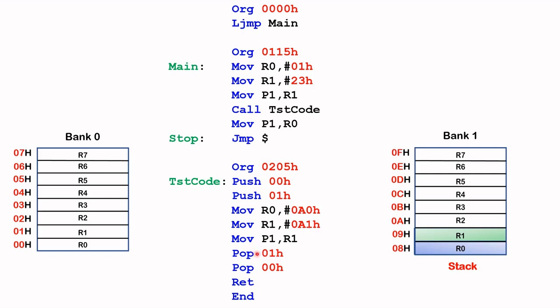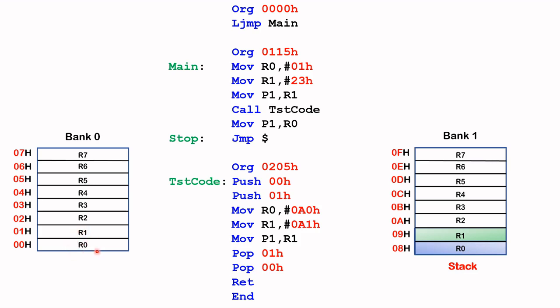Notice it pops and restores 01 hex first. So the contents of that will be restored back to R1 first, followed by 00 hex, which is R0, the content of R0, put back into R0 in bank 0.